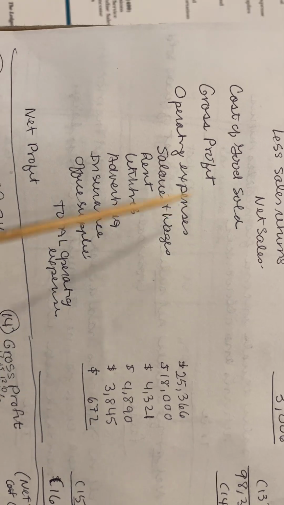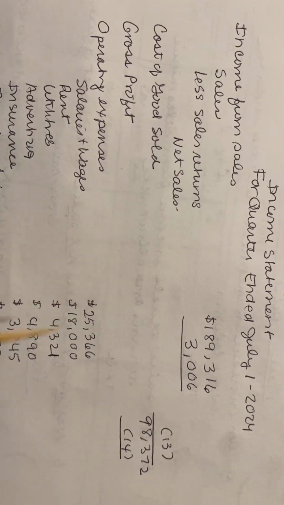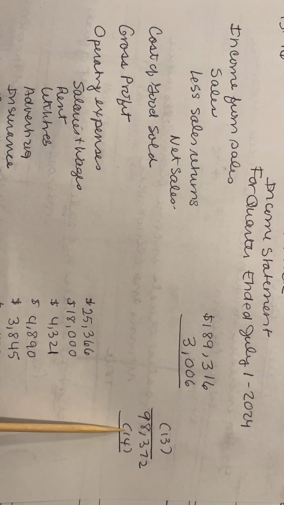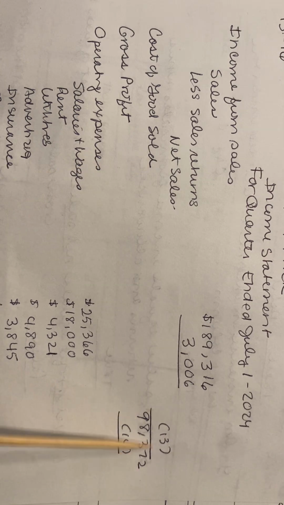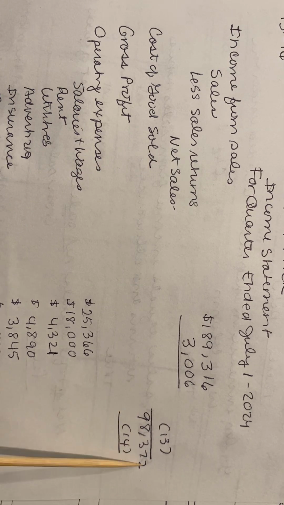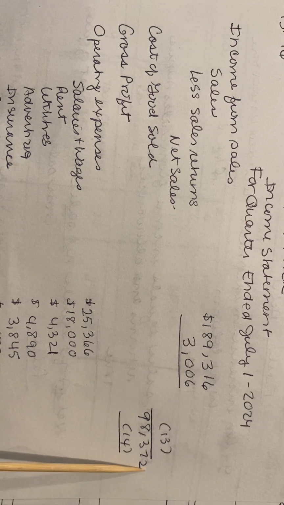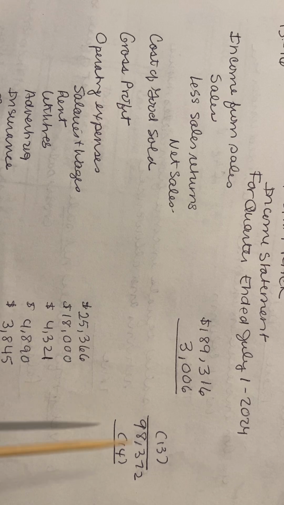So the next one is the gross profit. I said gross sales before, but this is gross profit, which is the correct term. So to find the gross profit, we know the cost of goods, what we paid for our goods. So we're going to have to subtract that from number 13, which is our net sales.